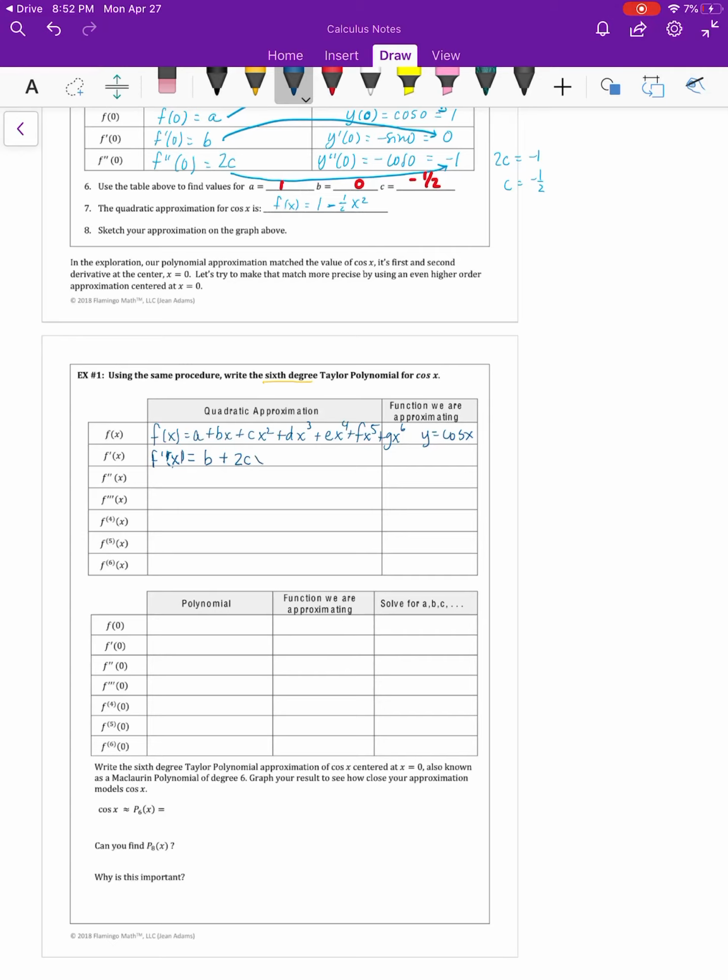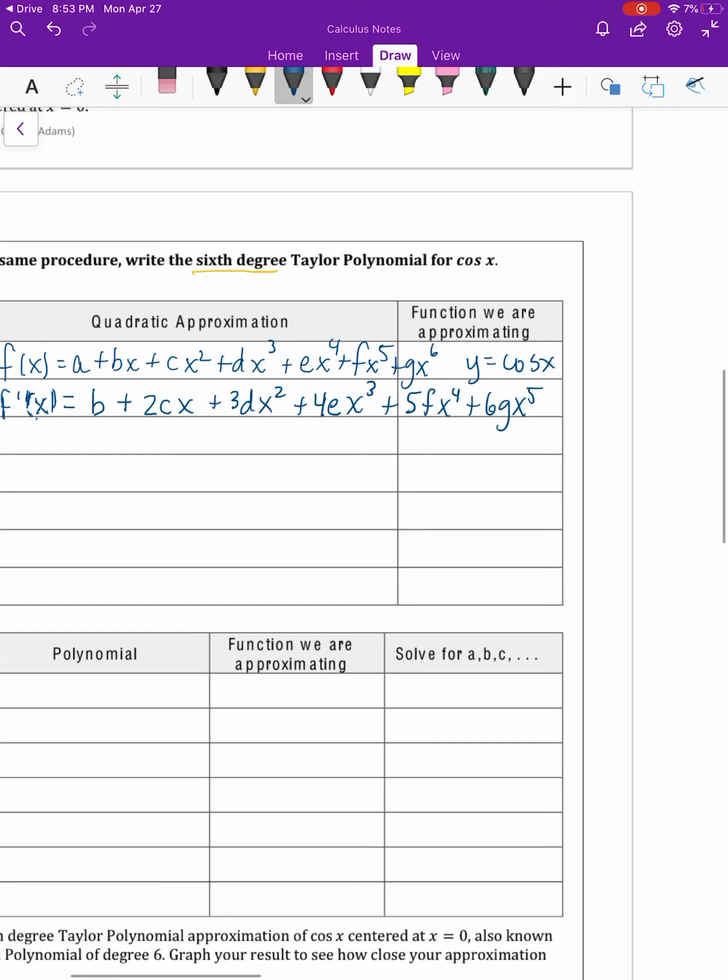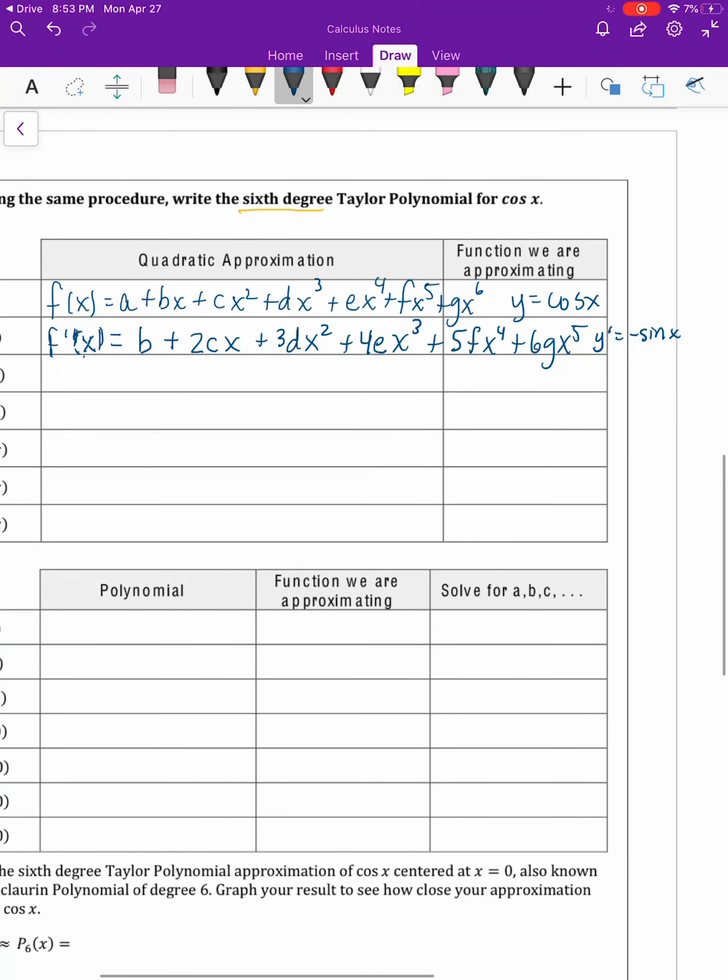Derivative of the quadratic term, I should say, should be 2cx plus 3dx squared plus 4ex to the 3rd plus 5fx to the 4th plus 6gx to the 5th. Sorry, I kind of ran into our column here. And so this one, our y prime, is negative sine x.